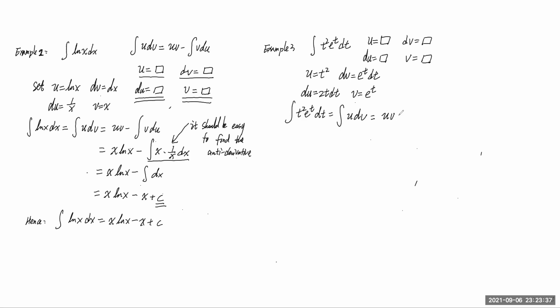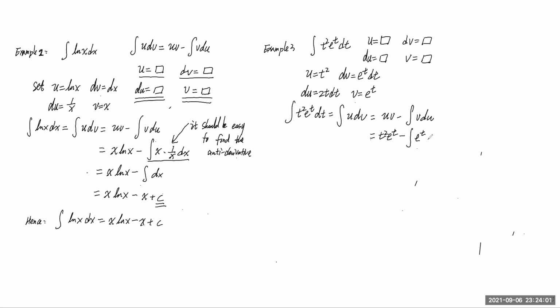So this is uv minus the integral of v du. uv is t squared e^t. What's v? v is e^t.